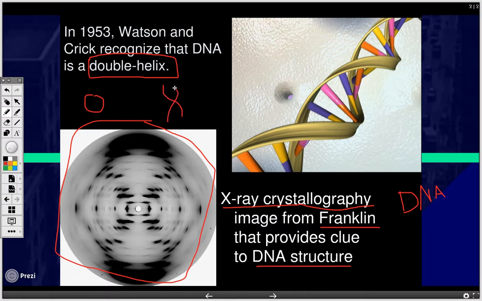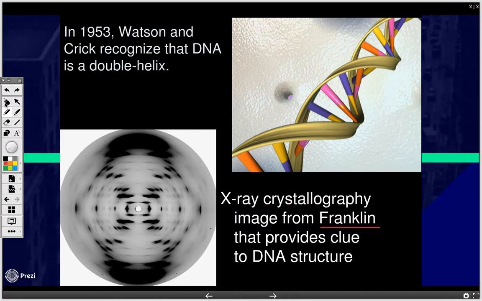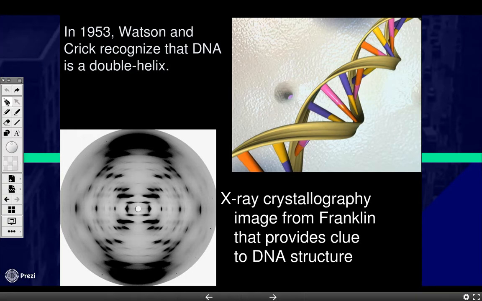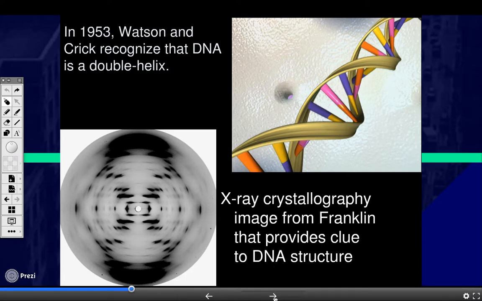So they took her idea and her picture and turned it into their own without telling anybody. In 1953, when they figured all of this out, they began researching a little bit more and became the Nobel Prize winners for first coming up with DNA and its structure.